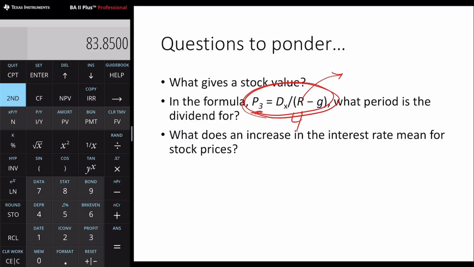But what does an increase in the interest rate mean for stock prices? Well, if you think of R as being like a risk premium that we've seen before, you have the risk-free rate plus some risk premium. Well, if interest rates rise, it's assuming that the risk-free rate rises, which will cause an increase in the required return, which will decrease the price.